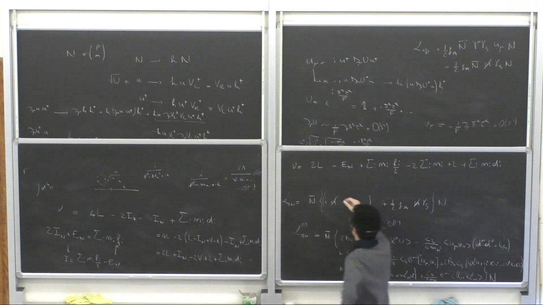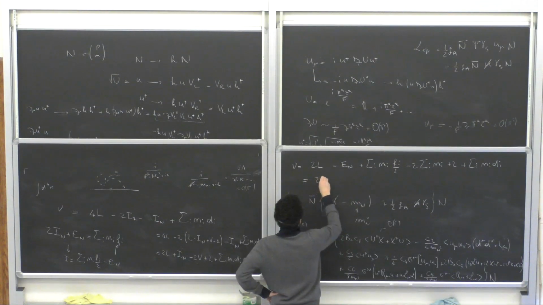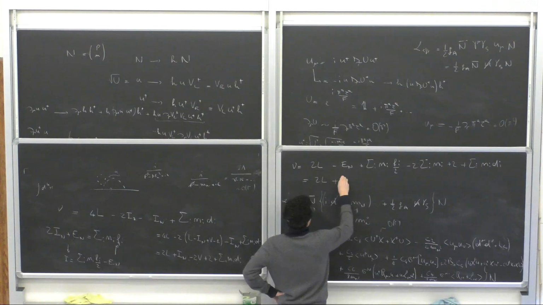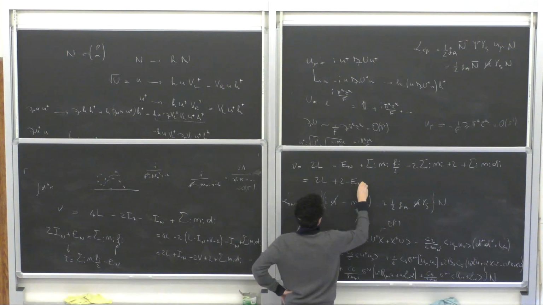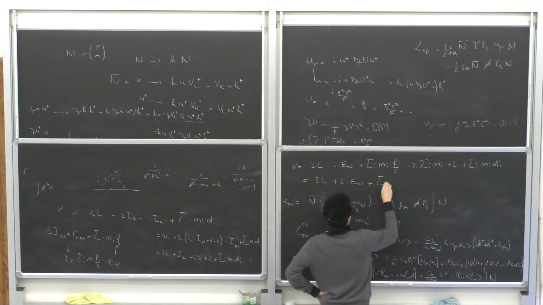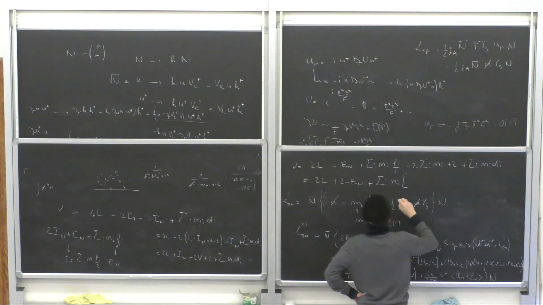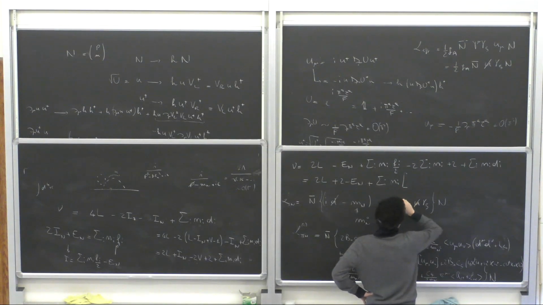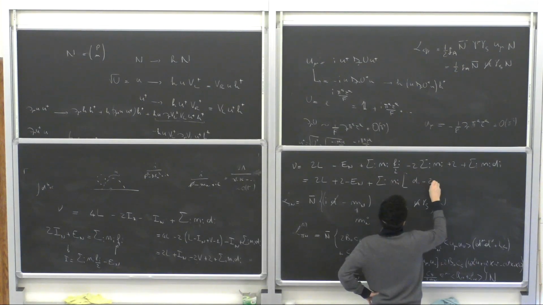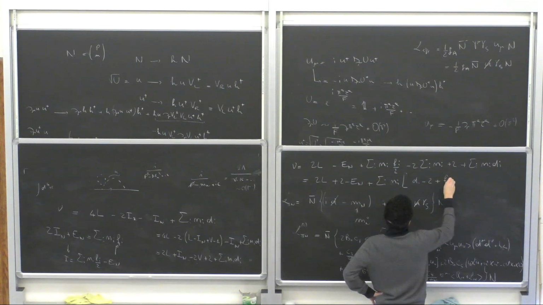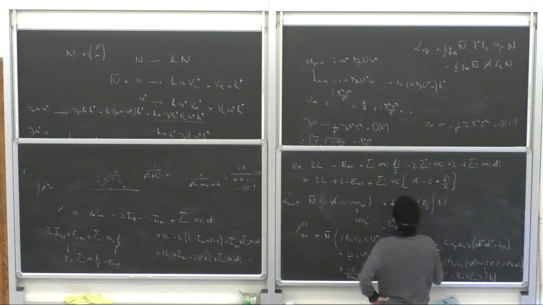So this is the chiral power. Let's bring some order here: plus twice the loops, minus En, plus the sum over I of the number of vertices of type I times d_I minus 2 plus F_I over 2.